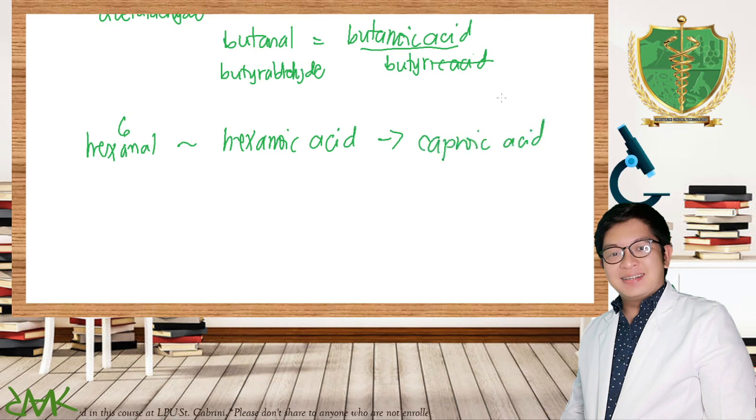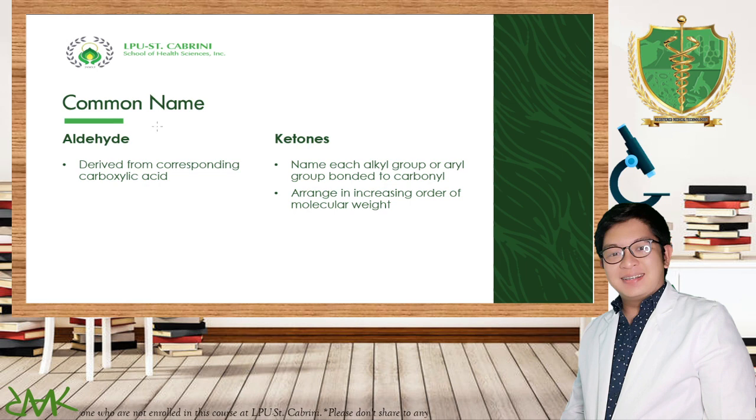Again, remove the "ic acid." That will be our caproaldehyde. So that's the way we give the common names of our aldehydes. Again, it is derived from the common name of our carboxylic acid.